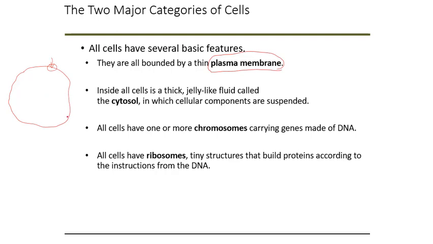The plasma membrane creates an enclosure for what's on the inside. And what is on the inside is known to be the cytosol. That's what we have here. So this is where we have all the smaller particles inside the cell. And it's mostly made of water.